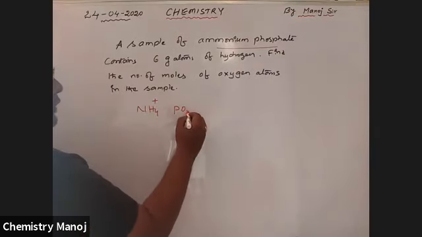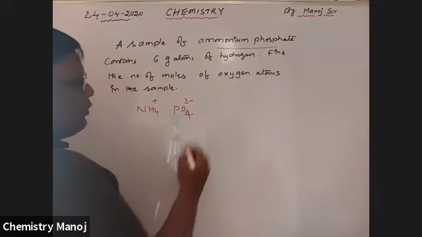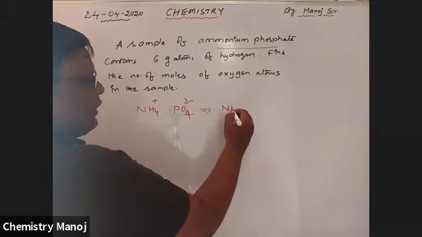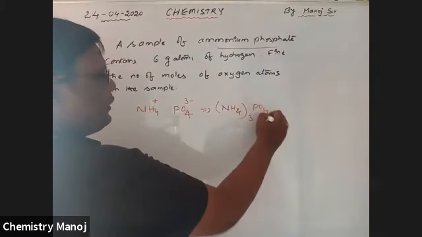Phosphate is PO4 minus 3. This is ammonium phosphate.